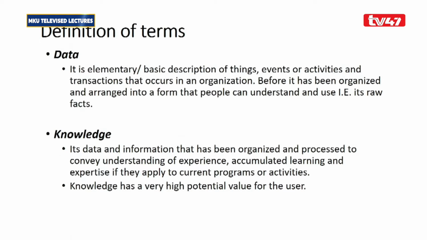We can say it is just raw facts that we have collected, and we need to process it to be able to give us some kind of useful information. So that elementary or basic description of things, maybe activities or events that we have in our organization is what we are calling data.